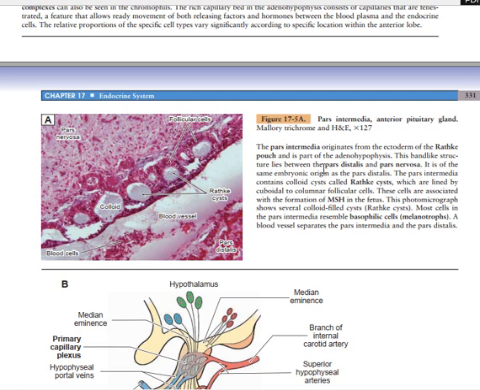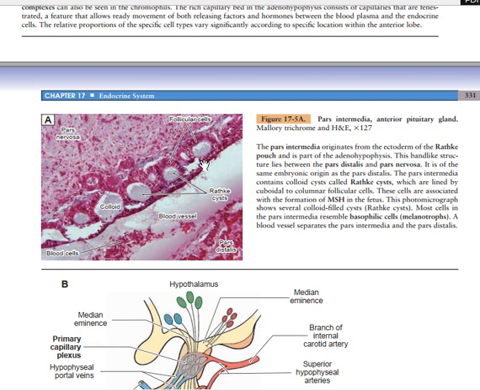Is it clear? So there is a pouch from the nasal mucosa which is called the Rathke's pouch, and the remnant of the Rathke's pouch is what separates the anterior pituitary gland from the posterior pituitary gland. That's why we have the pars intermedia, and we have many Rathke's cysts at the level of the pars intermedia.